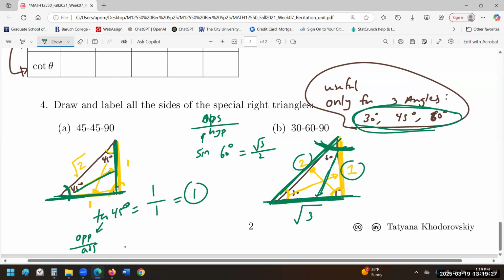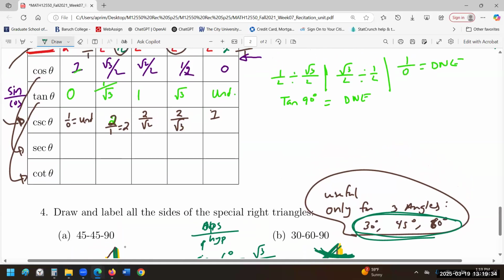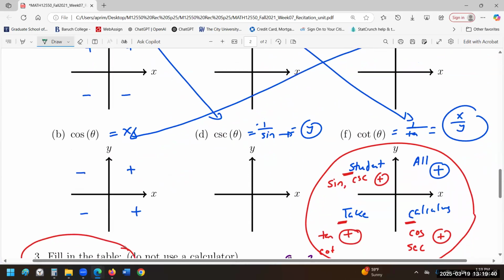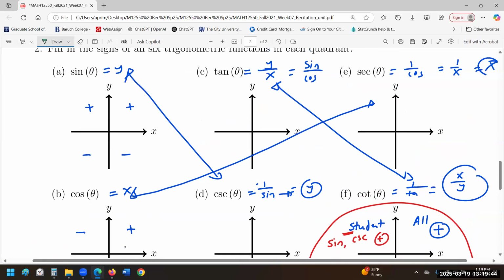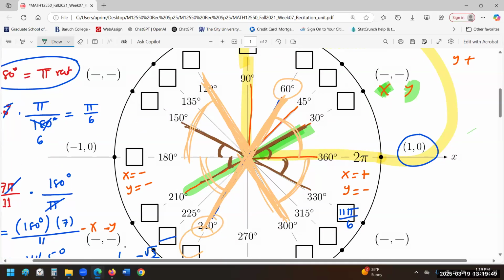So I actually did almost everything for you. You had to do the last 2 rows of the table, and you have to complete this sign chart for each trig function, and then you have to complete the entire unit circle.